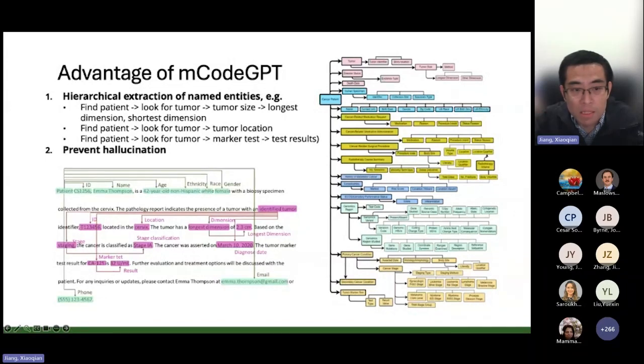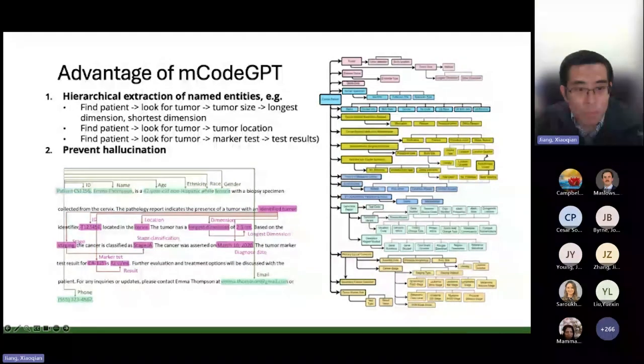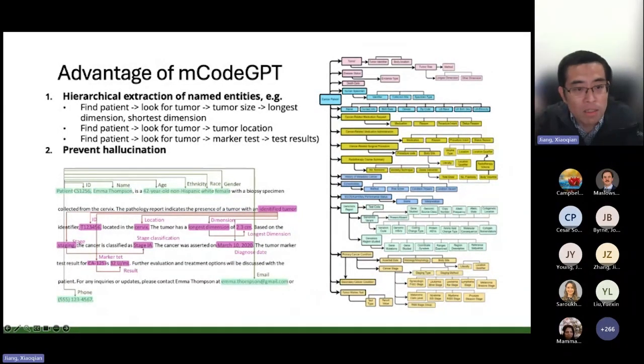Because of the attention mechanism, the model knows the existence of the demographic domain, and upon identifying some of them, the model becomes even stronger in finding the rest of them.